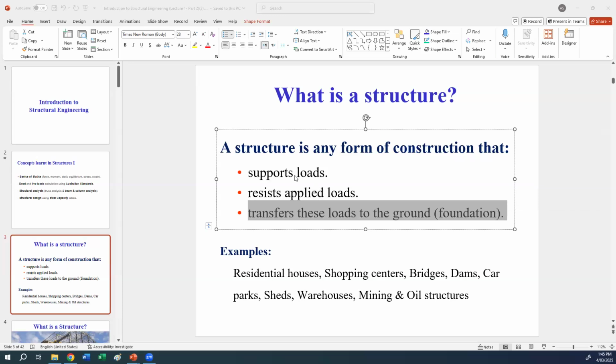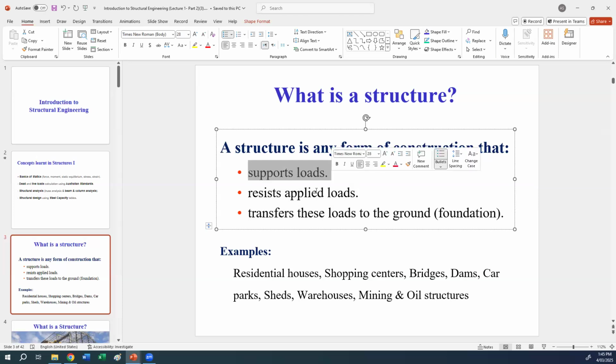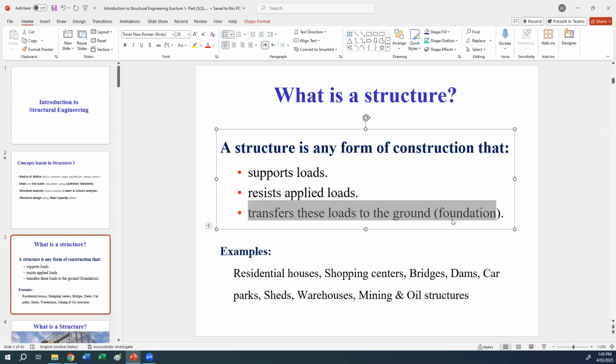The structure supports loads coming from dead load or live load like people, furniture, and so on, and also resists other applied loads like earthquakes, wind load, snow loads, and so on, and then transfers all these applied loads to the ground through the foundation.